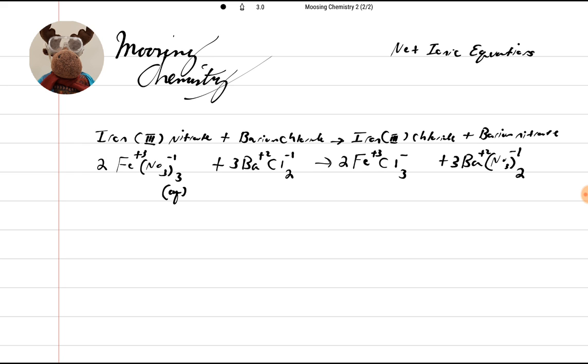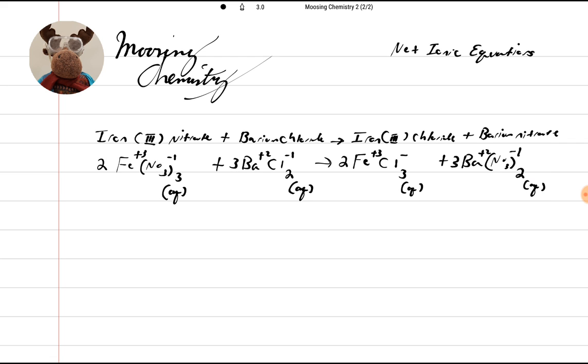Thus, silver chloride, lead bromide, and mercury chloride are insoluble. Barium's not in that list, so this is also aq. Here's chlorine again, and iron doesn't belong to the list of silver, lead, or mercury, so it's also aq. And all nitrates are aqueous.